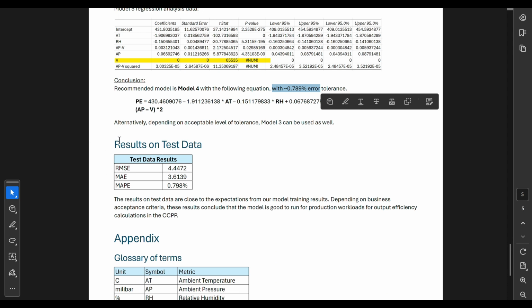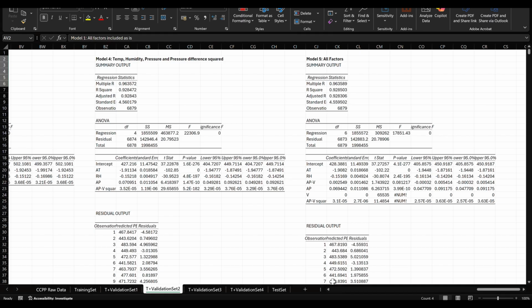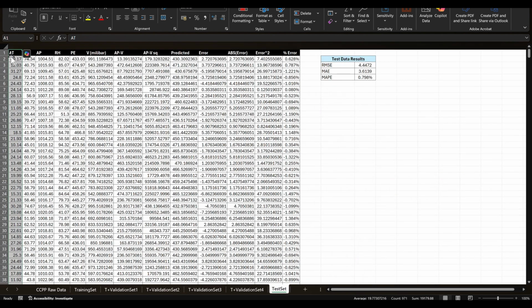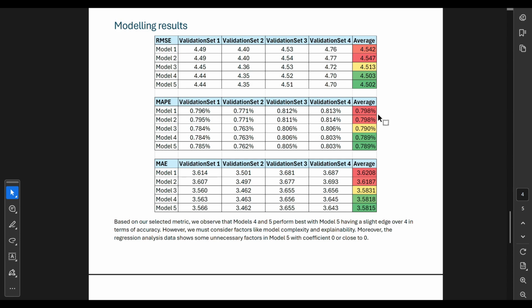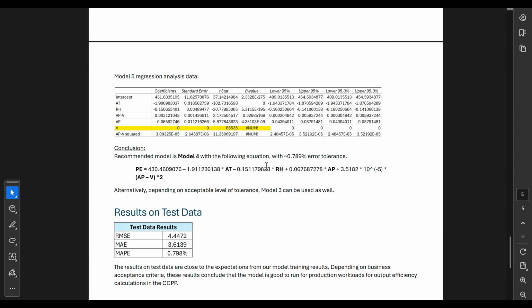Finally, what we do is take this particular model and run this on our test data. So we go to the last tab here, we calculate all our interaction metrics, and we use the formula to calculate our predicted value, the error, and our output metrics. And what we notice is that our output metrics are roughly in the same ballpark as we had seen during our modeling process.